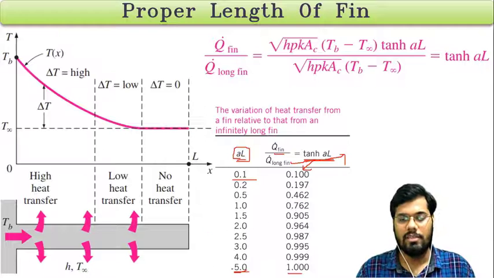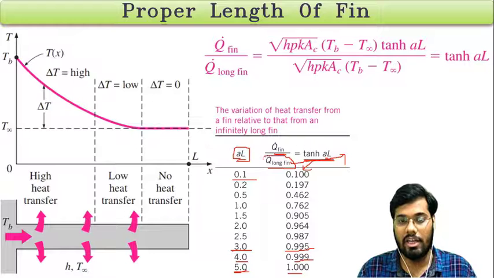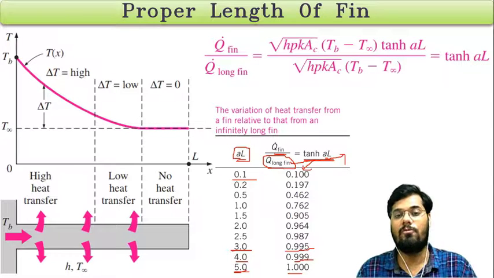But from these readings we can see that when the value of AL is 3, if we put tanh(3), it will give the answer 0.99, and for 4 it will be 0.999. So when the value of AL is 3, the heat transfer rate of the fin with finite length is 99% of the heat transfer rate for the infinite long fin.